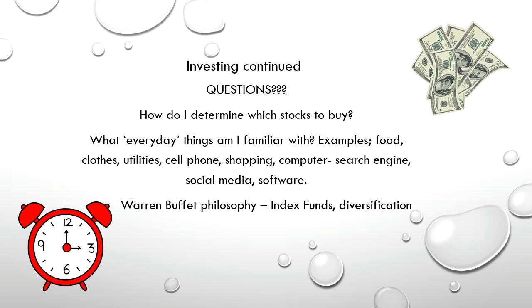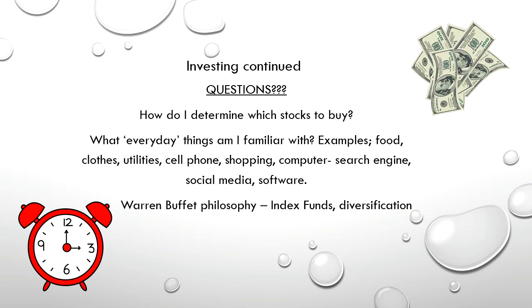The other point to consider, and I have briefly mentioned this in a prior video, is to look for things that are familiar to you, everyday things especially. Simple examples: food, clothes, utilities, cell phone, shopping, search engine. All of these are things that we do in our regular daily lives.